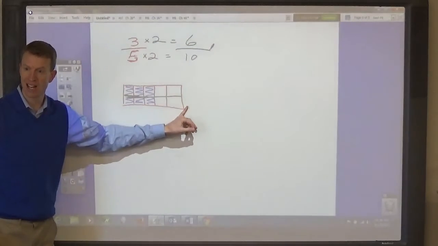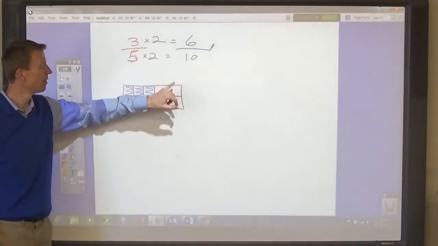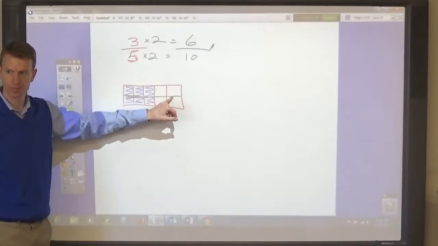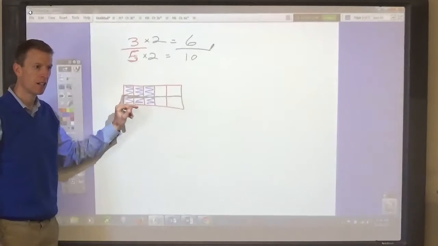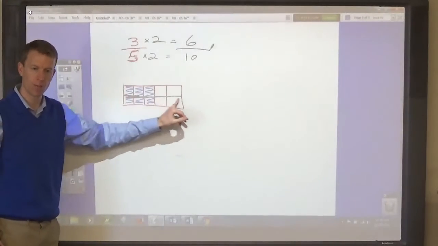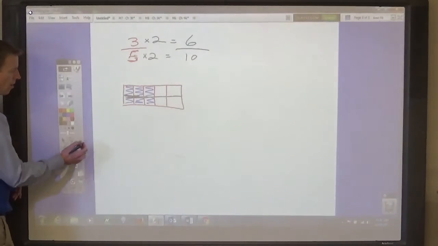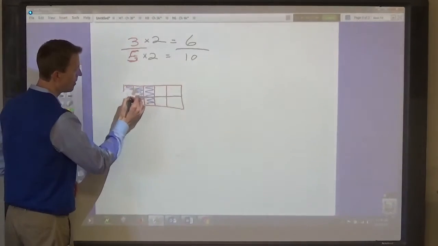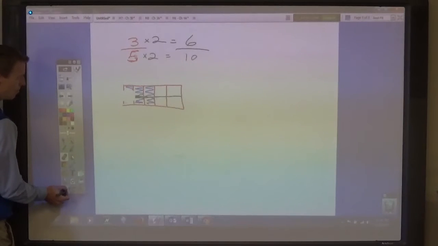Okay? Now, it also works the other way around. If we're starting with 6/10 and we want to find an equivalent fraction, instead of cutting them all in half or multiplying them by 2, we are putting the pieces together. Let's do it this way.